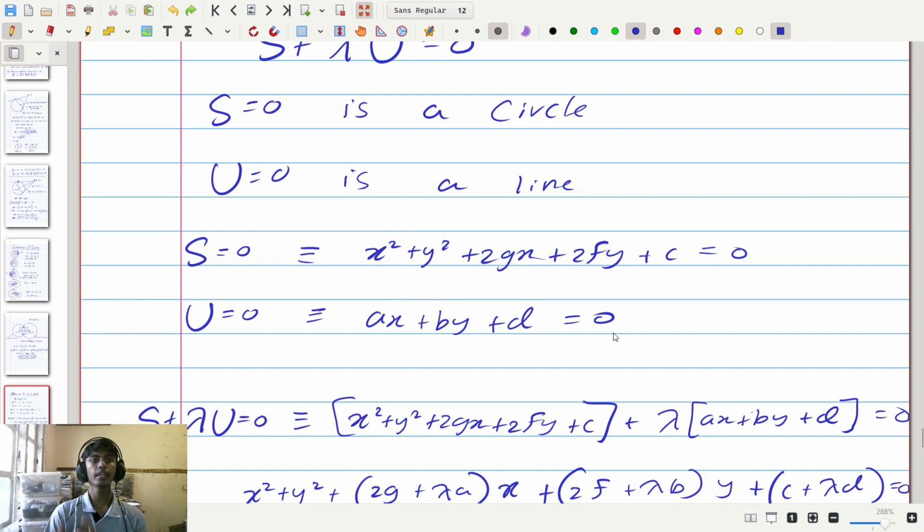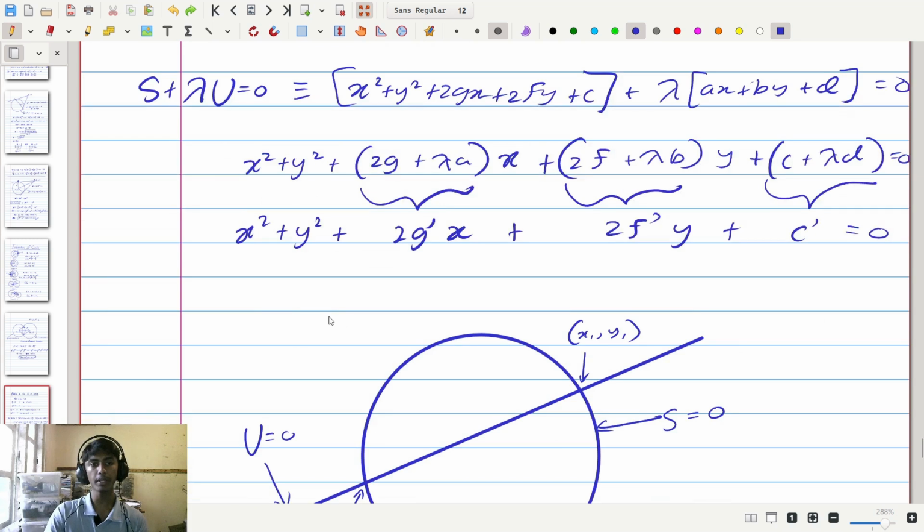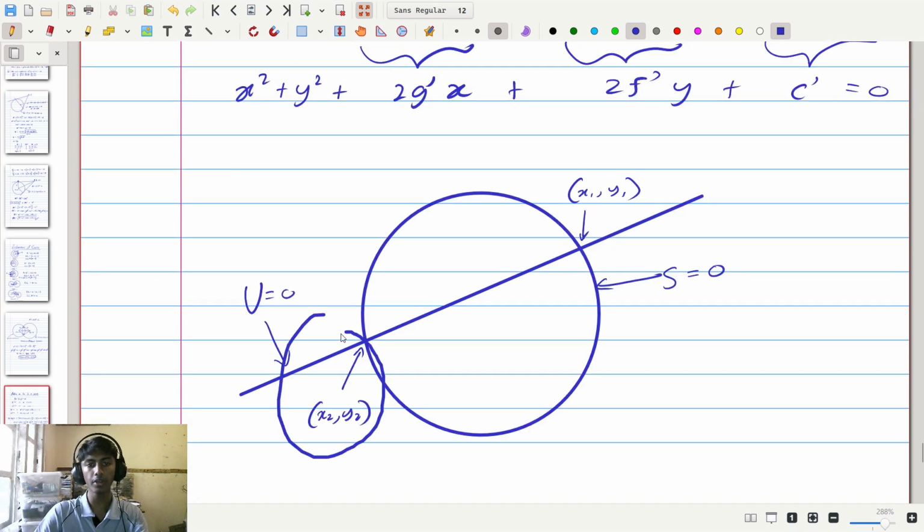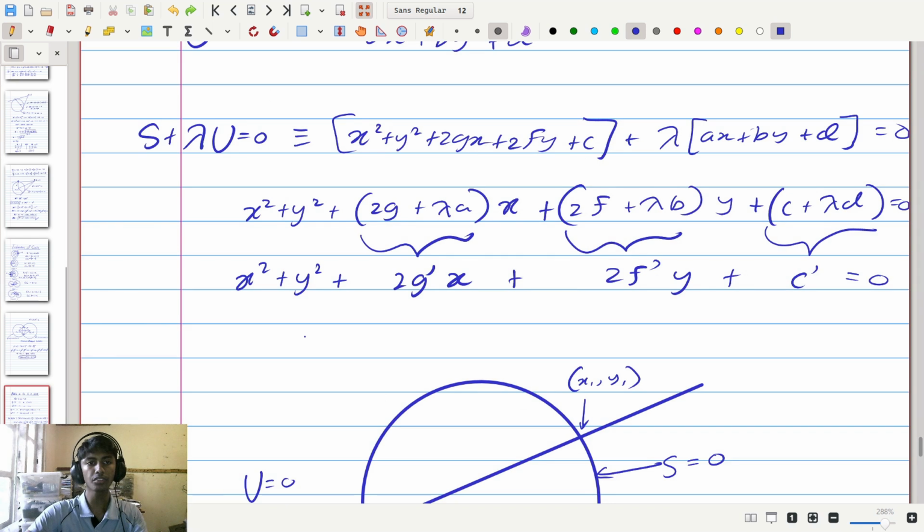Now then, if we consider what S plus lambda U would give us, for the point (x1, y1), S would be equal to 0, and also for the point (x1, y1), U would be equal to 0. Similarly, for the point (x2, y2), down here, S would be equal to 0.